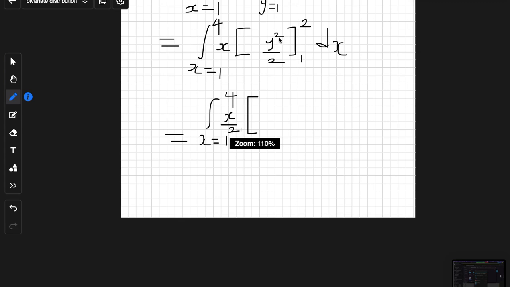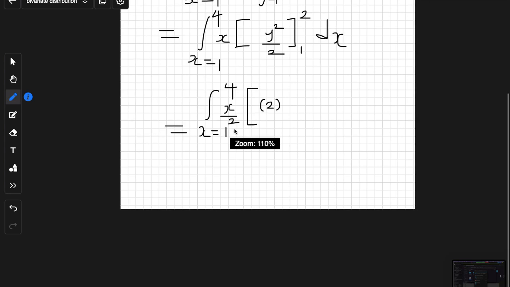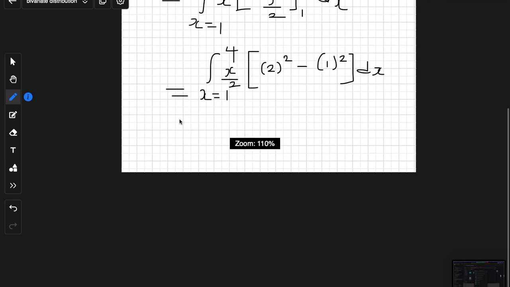Now the value for y squared. So we are dealing with y squared now. Y squared can take 2 as a value. If it takes 2, don't forget the half here, I've brought it out. So it takes 2 squared, and then it takes a value of 1, and you square that 1, and so you have the x here.